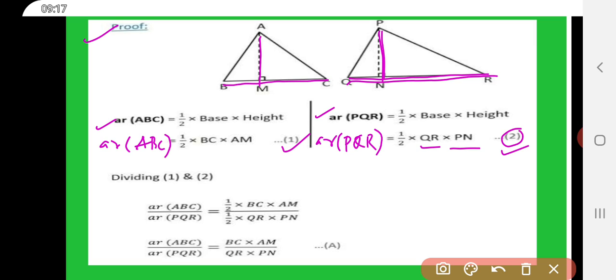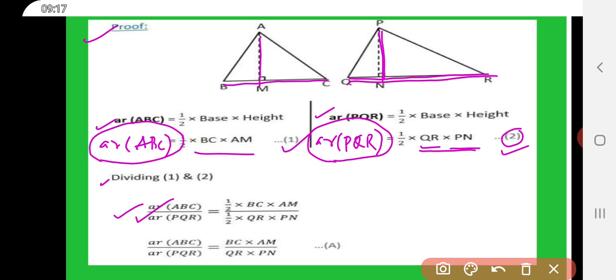Now you divide equation 1 by equation 2. Left side you divide, and right side you divide. Then you get area of triangle ABC divided by area of triangle PQR is equal to half into BC into AM divided by half into QR into PN.